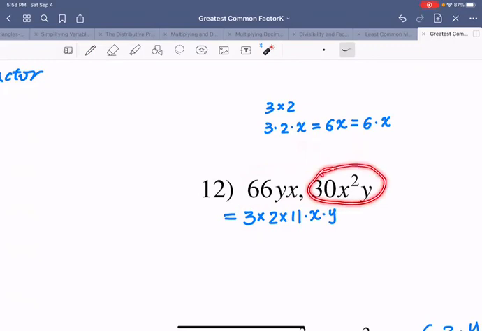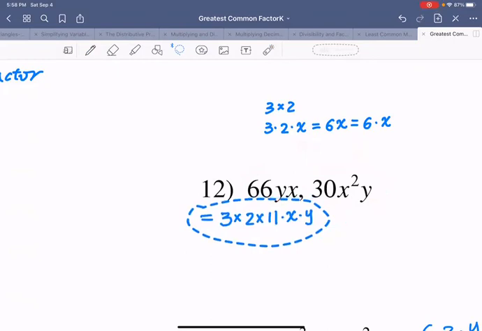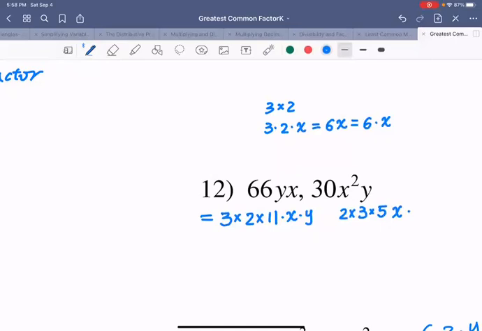Let's go this way. 2 times 3 times 5, and x squared, let's make it x times x times y. We are going to find the greatest common factor. We don't rush.